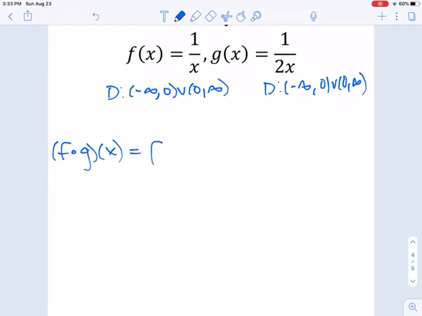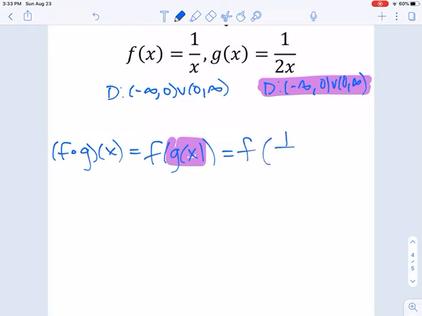Okay, so let's once again do f composed with g of x. Just get used to that notation, okay? And it is okay if you want to go ahead and change it to f of g of x. Okay, so first we'll start with our inside function. Remember, its domain is going to be important.